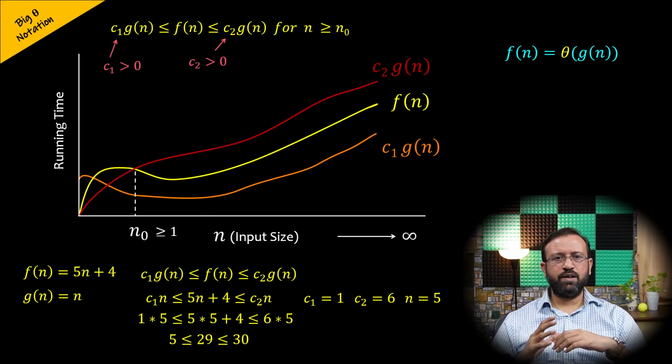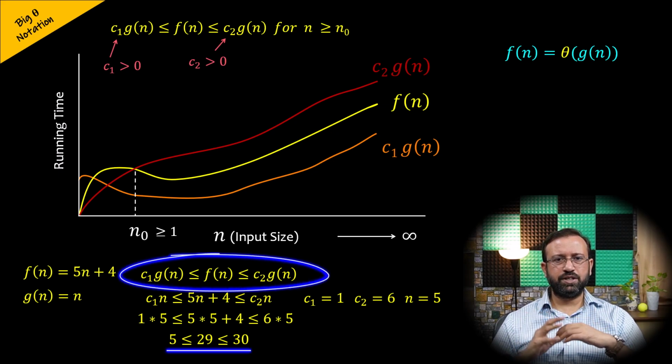So we have 5 less than or equal to 29 less than or equal to 30, which satisfies the theta expression.